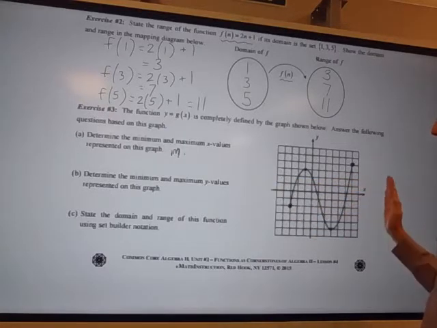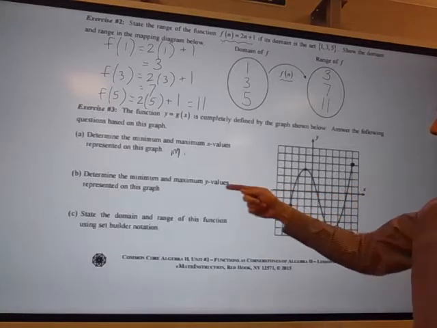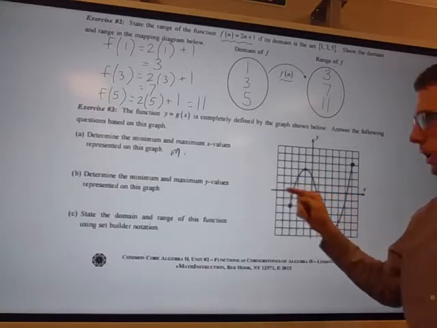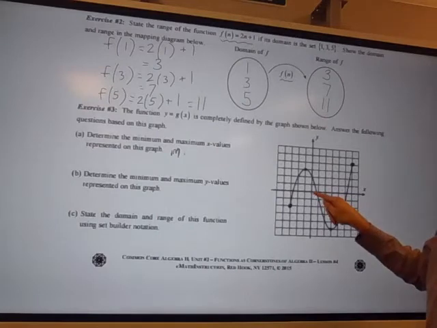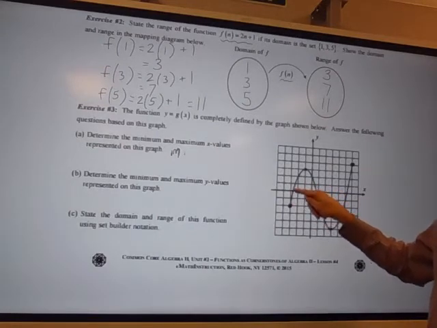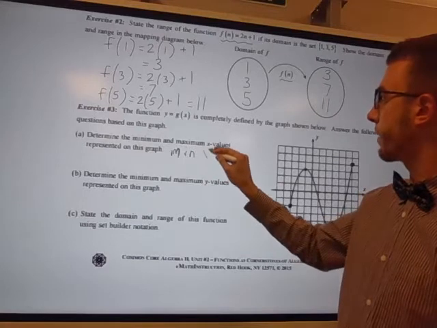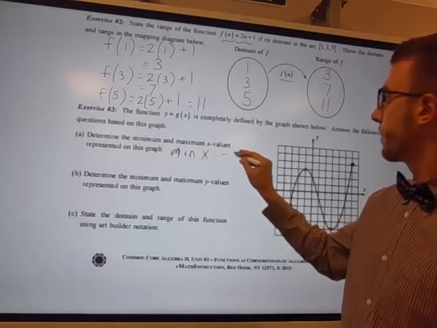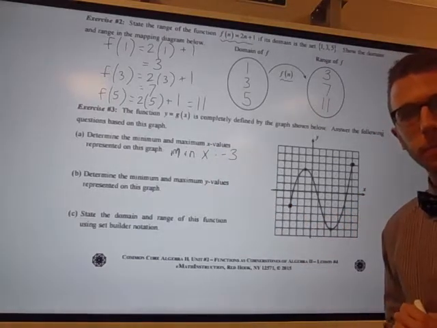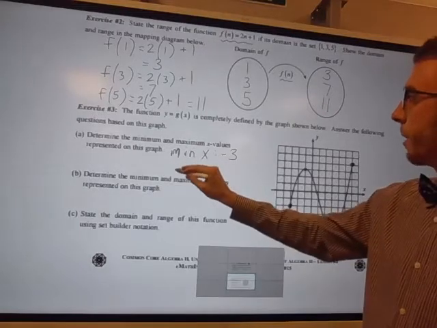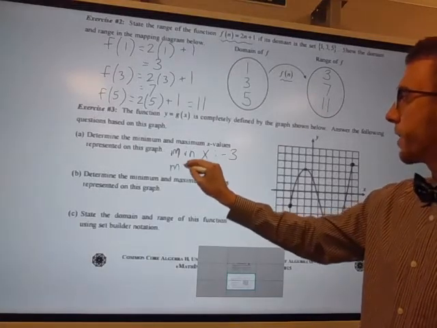So if we're looking for the minimum, we want to see how far to the left does this function go? Starting at our origin here, 1, 2, 3. The minimum there is -3 because I had to go backwards. So my minimum x is -3. Okay, what about my maximum? How far right does this function go?